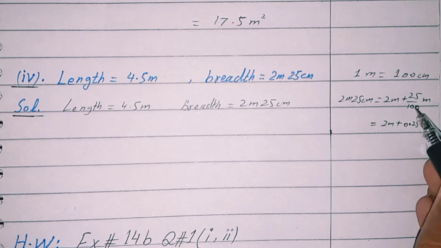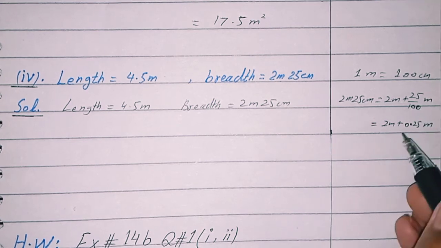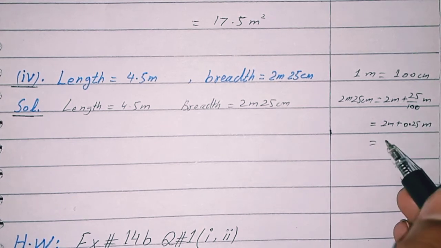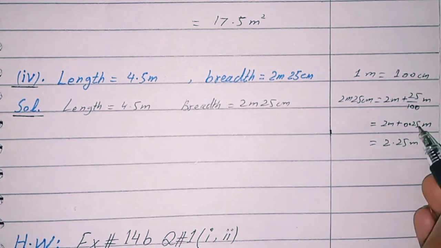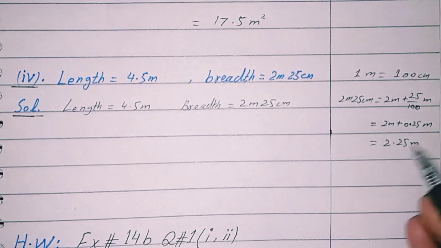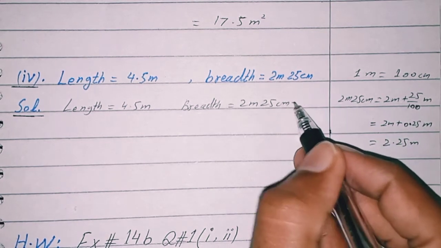Simply 25 divided by 100 is equal to 0.25. Totally that is equal to 2.25 meter, because 2 meter and 0.25 meter is equal to 2.25 meter.